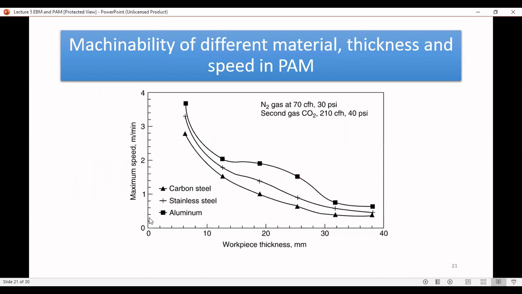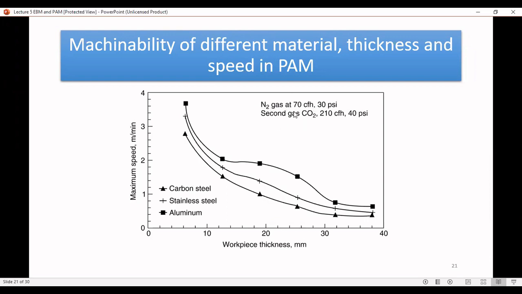This is a typical chart between the maximum speed and workpiece thickness. This is looking at N2 as the working gas, and CO2 as a secondary gas. The secondary gas is the shielding, and N2 is the working gas that changes into plasma.